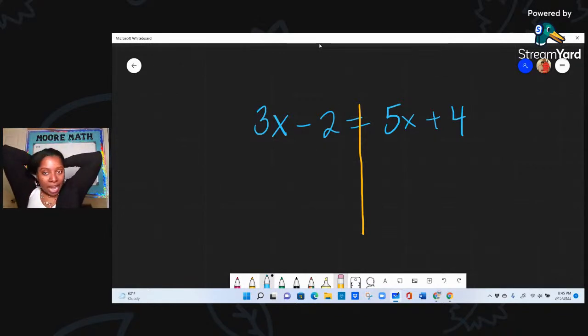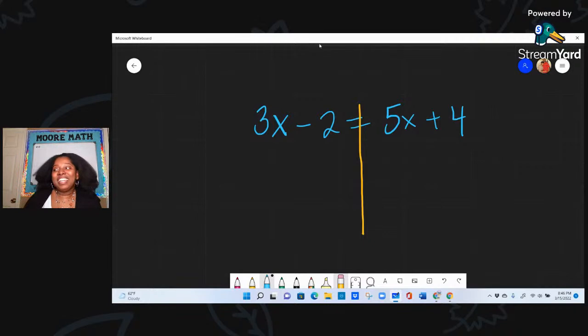We just took it up a notch. So for a lot of you, I believe this was 8th grade math. You're going to see it obviously in 9th grade with algebra. Some of you start to see it in 7th grade, but this is called multi-step equations because it's multi-steps to solve.